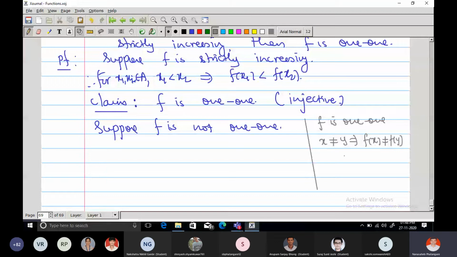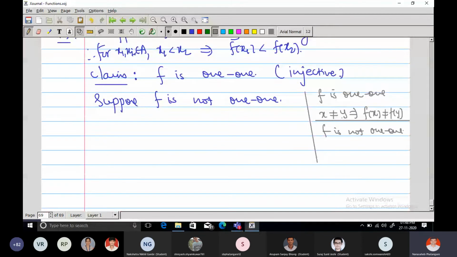And f is not 1-1. What is the negation of this? For any x and y, for any pair, if points are distinct, images are distinct. That is the definition of a 1-1 function. What is the opposite of that? Not 1-1.